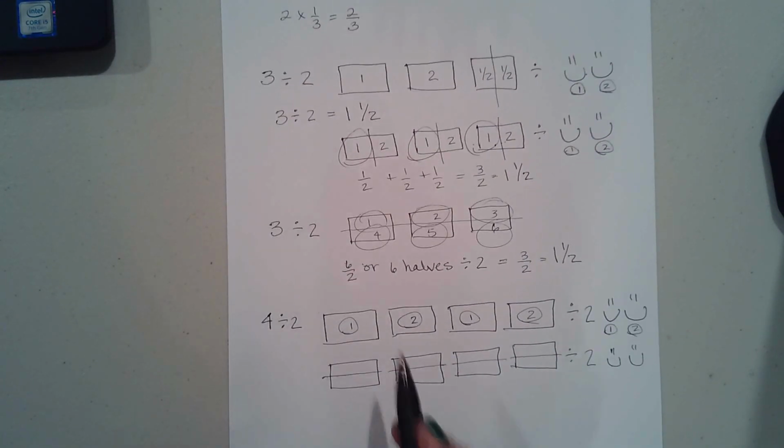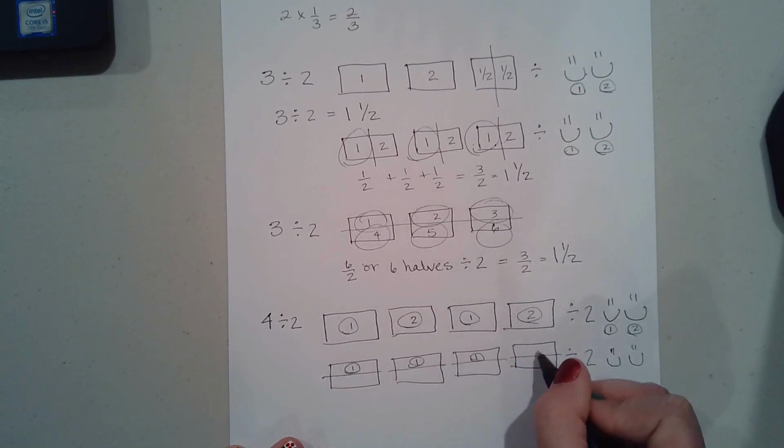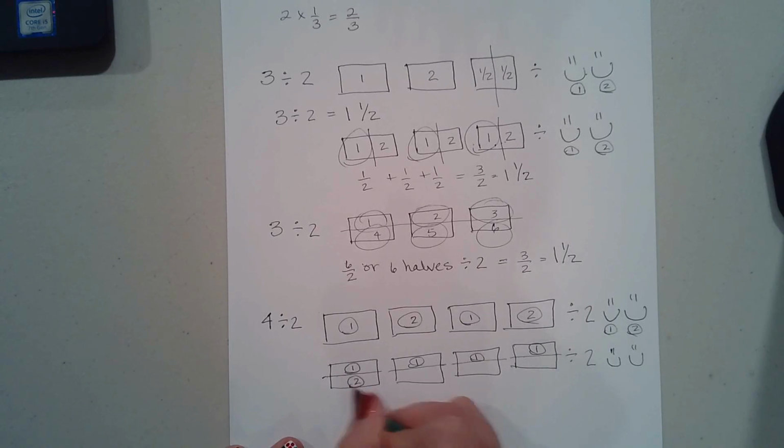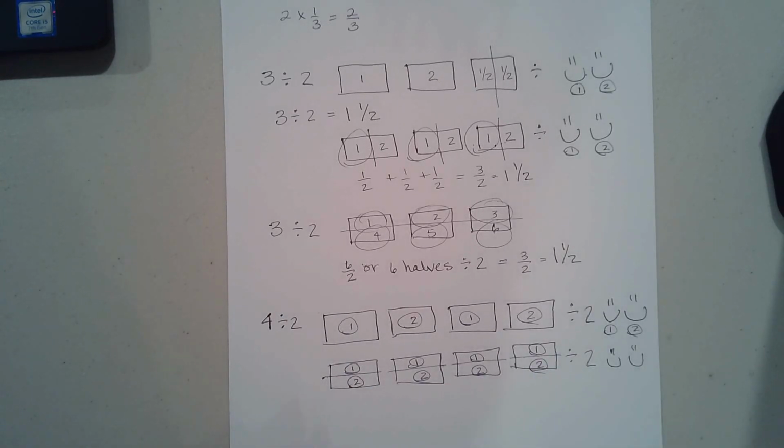So now person 1, person 1, person 1, person 1, person 2, person 2, person 2, person 2. So how many halves are there altogether? 1, 2, 3, 4, 5, 6, 7, 8. There are 8 halves, right? Or 8 times 1/2.